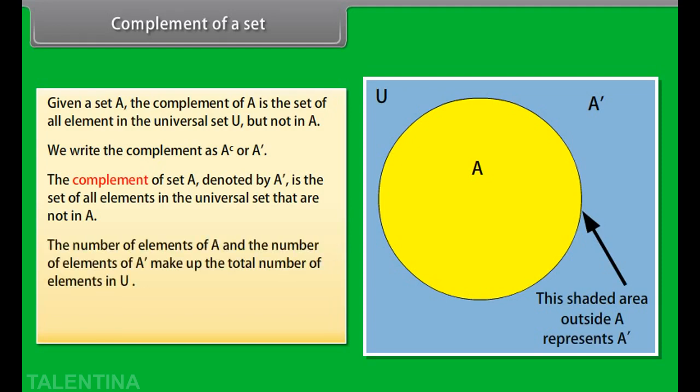The number of elements of A and the number of elements of A dash make up the total number of elements in U. That means n(A) + n(A') = n(U).